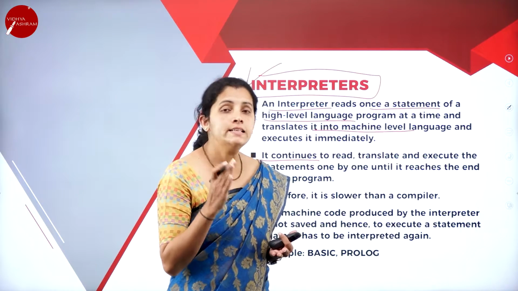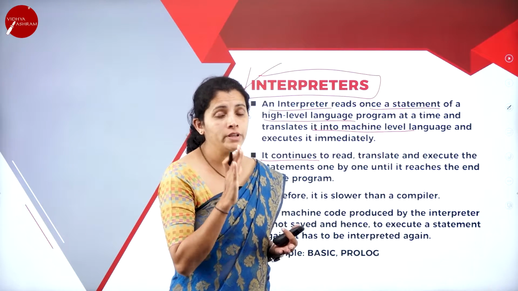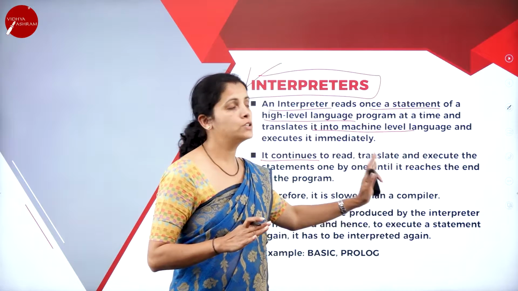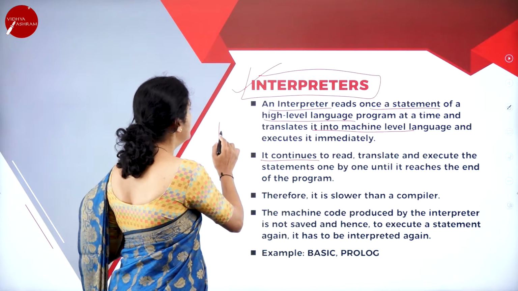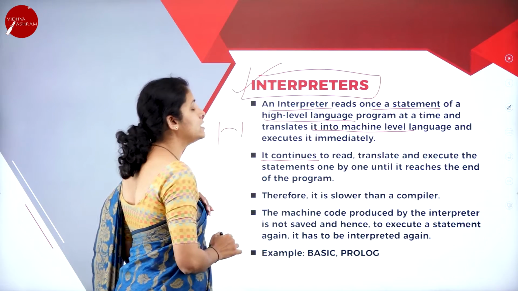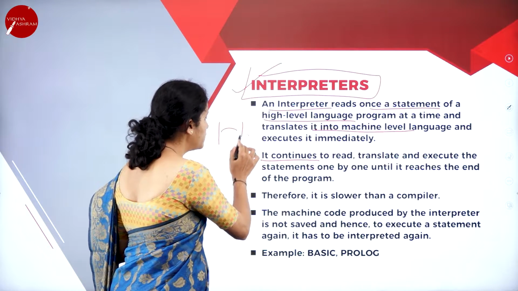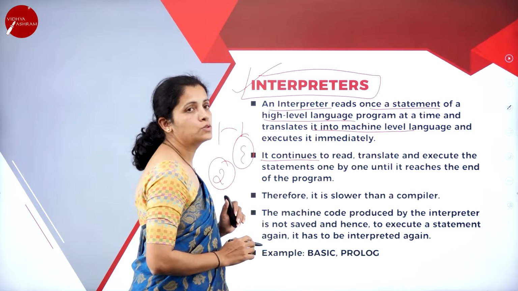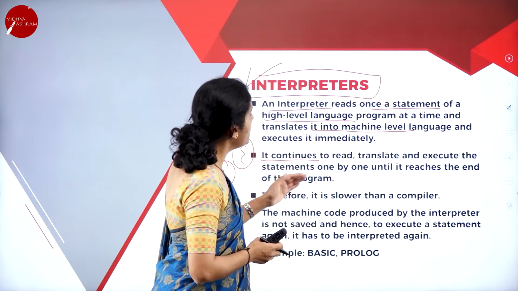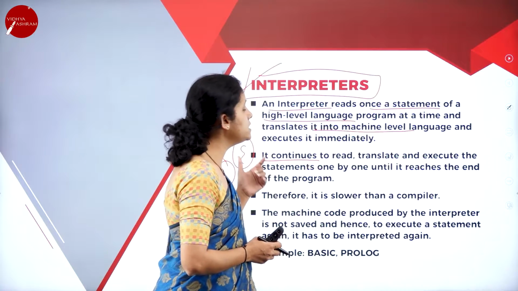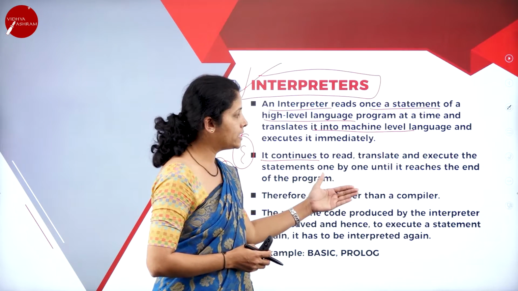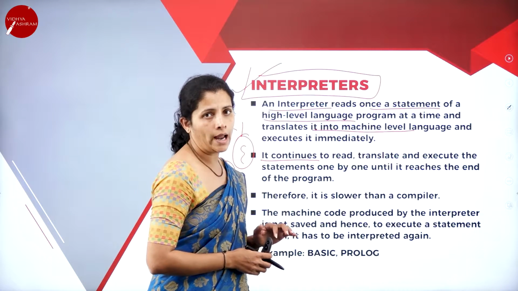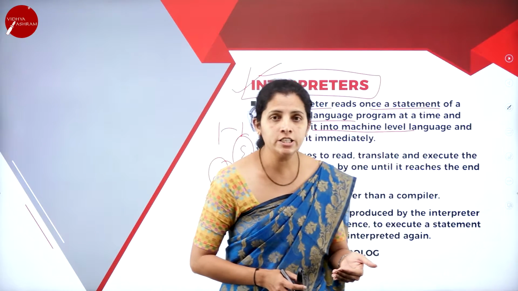It continues to read, translate and execute the statements one by one. If I consider the interpreter, what is its job? Read, translate and execute. That means it is going to consider the first line, read the line, translate the line and execute. After the completion of the first line, go to the second line. So it is going to read, translate and execute the statements one after another until it reaches the end of the program. Then what is the disadvantage here?